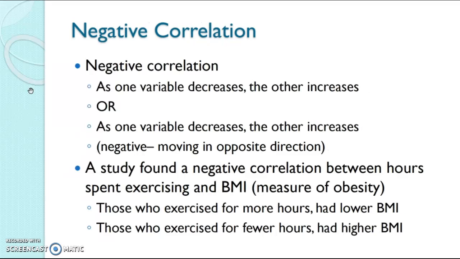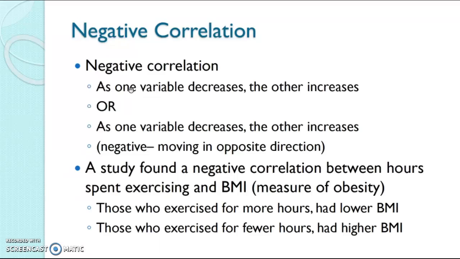This is different than a negative correlation, where the variables are moving in opposite directions. So as one goes up, the other goes down, or vice versa. I wrote this the same way, but as one variable decreases, the other increases, or as one variable increases, the other decreases. It's a little bit of a typo there.